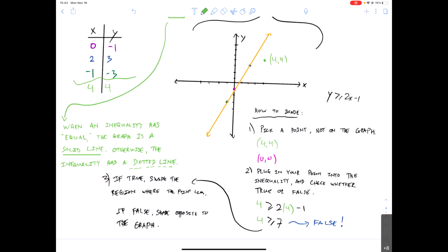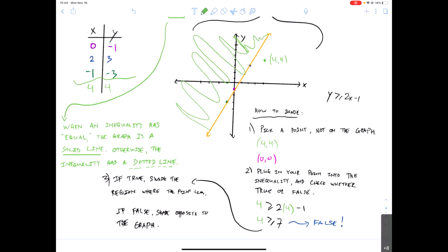Well, the point lies on the right side of the graph. Does everyone see that? So you would shade this region. But it wasn't true. It was false. So if it's false, you shade not there on the right, but on the left side. You shade opposite of wherever that point sits. And that's how you do it every time.